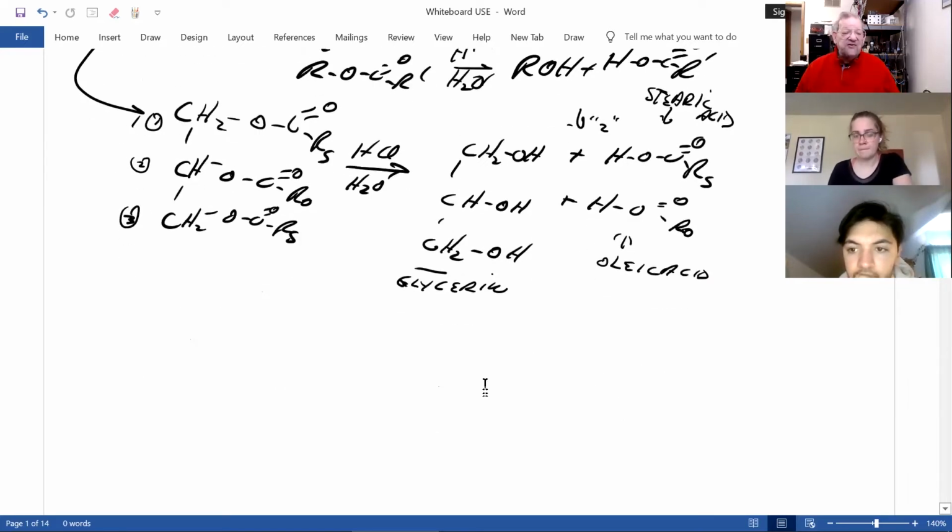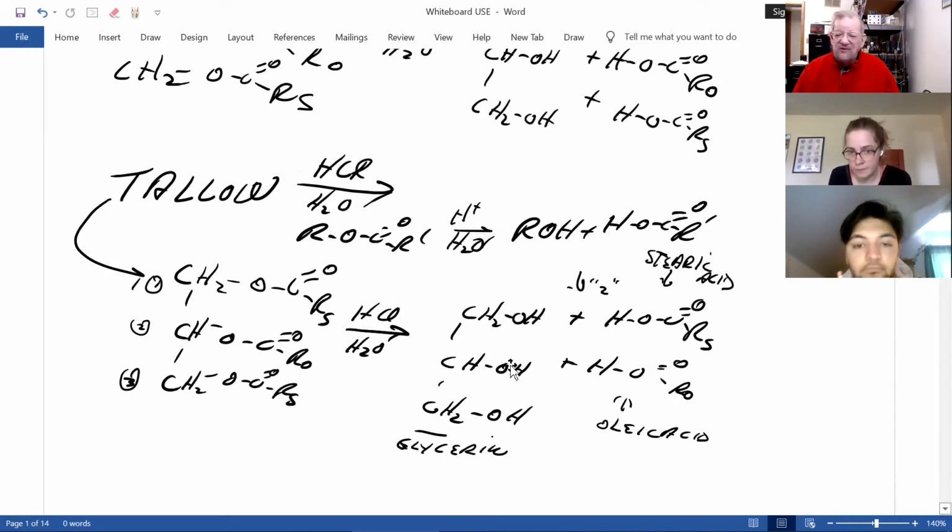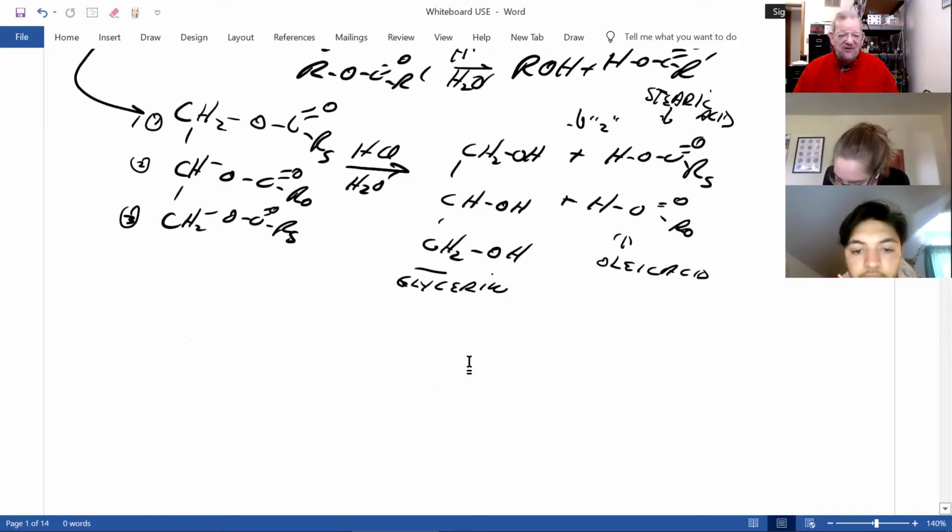Now, if I were to ask instead of tallow, white grease or yellow grease, you get the same thing, because I'm asking you for this structure. Use that for tallow, white grease, and yellow grease.